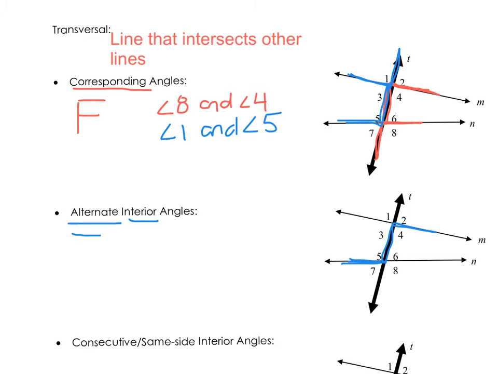Alternate interior angles will always make some sort of Z. Okay? So angle 4 and angle 5 will be alternate interior angles. What's another set? Well, maybe 3 and 6. If we trace around 3 and 6, they make a Z.